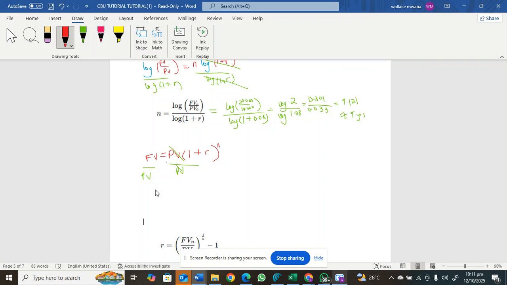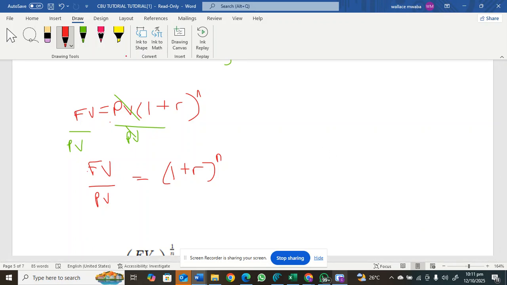Okay, so you have future value over present value equals 1 plus r to the power n. So next we need to get rid of this exponent, this n. The way you get rid of this exponent, you bring in the reciprocal. You multiply it by its reciprocal, 1 over n, and what you do on the left hand side, you do on the right hand side also.